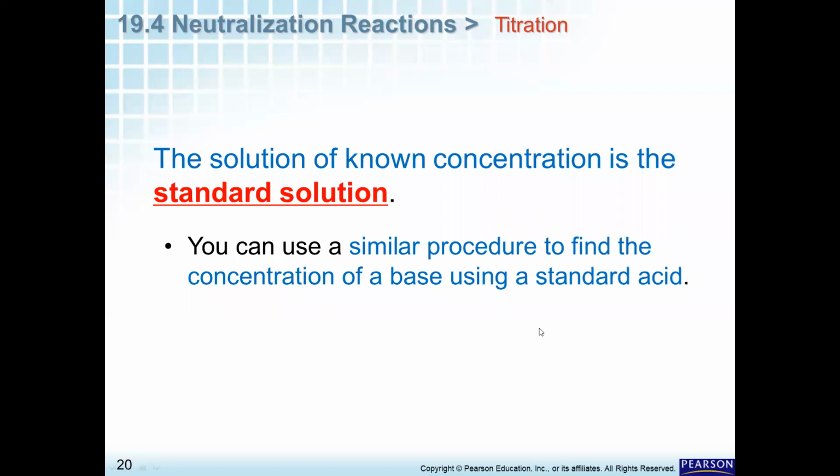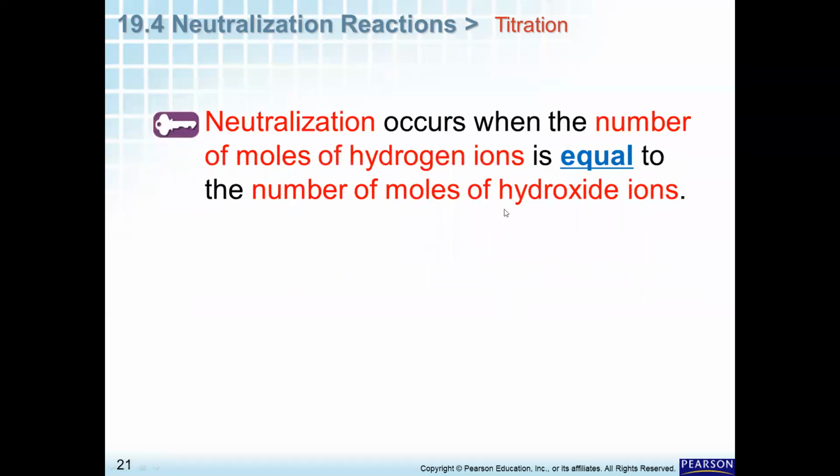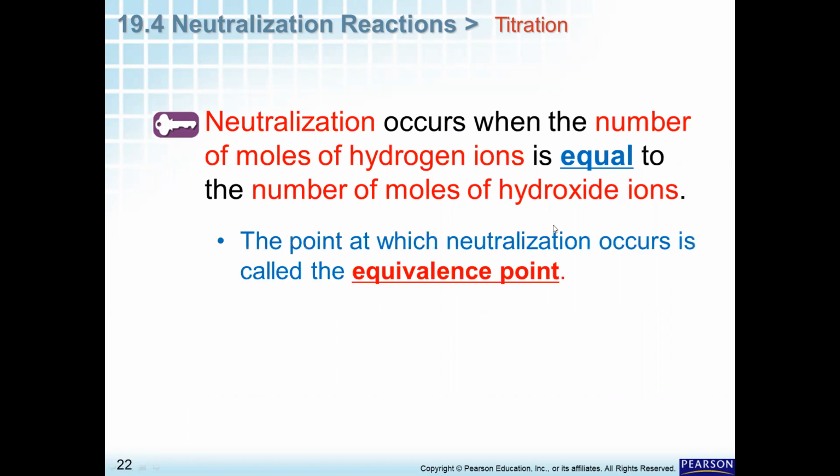We will take an example and explain, but before that, we have to explain that the basis for this is, again, in a neutralization reaction, the number of moles of hydrogen ion is exactly equal to the number of moles of hydroxide ion. That is the basic thing. Now, that point where the number of moles are equal, we call it the equivalence point.